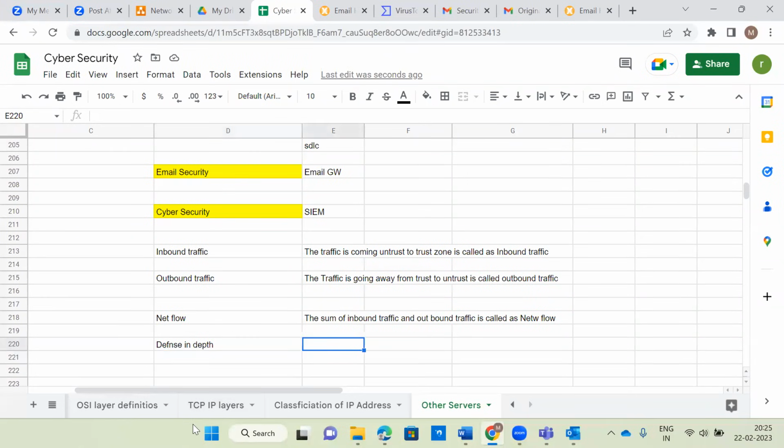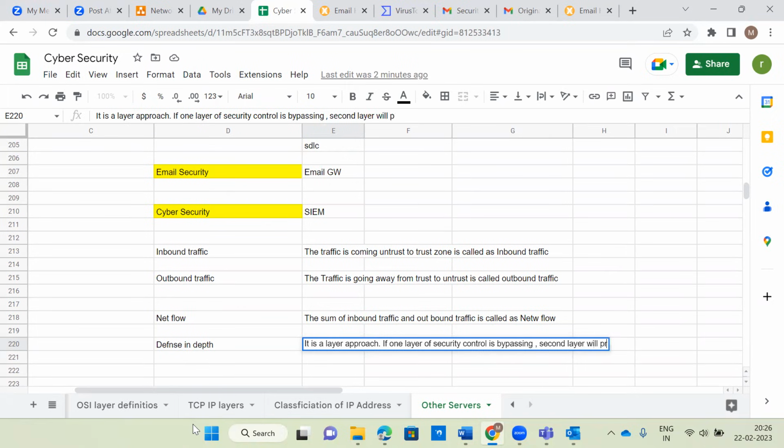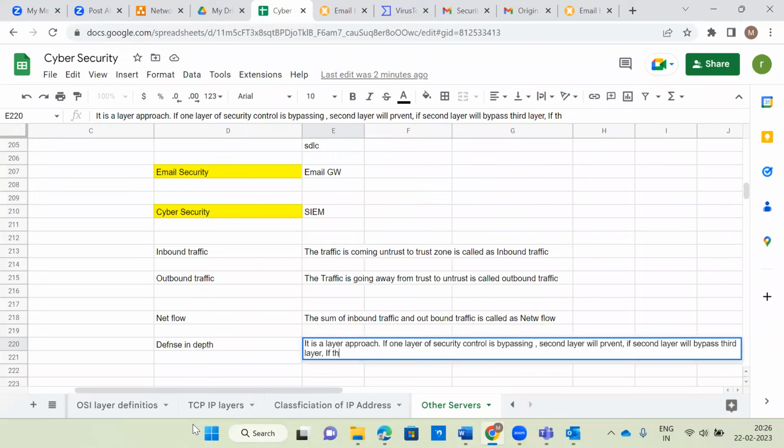So how can we define this? It is a layered approach. If one layer of security control is bypassed by the attacker, the second layer will prevent it. If the second layer is bypassed, the third layer, and so on.